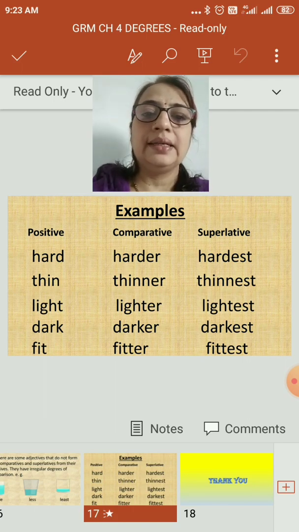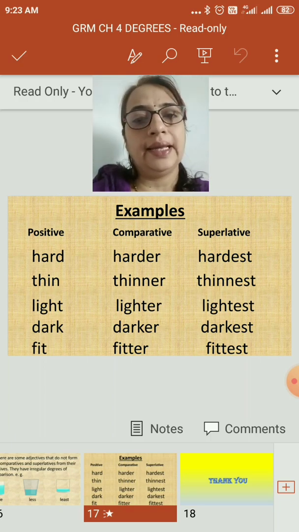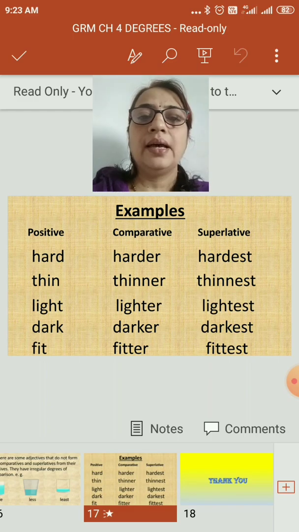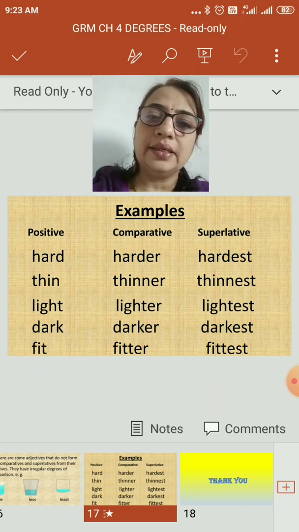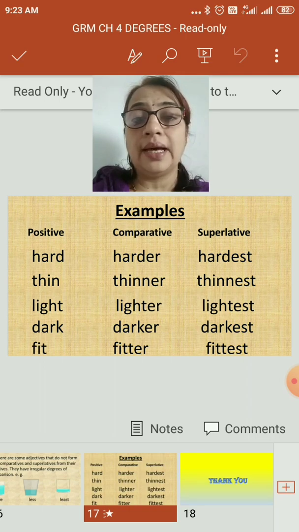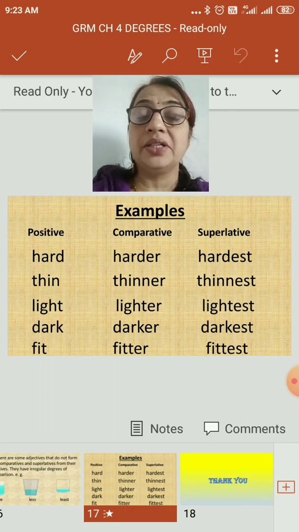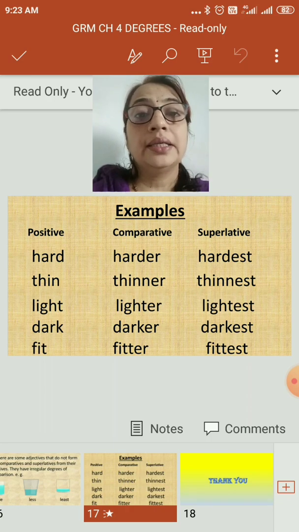Then light, lighter, lightest. L-I-G-H-T light, L-I-G-H-T-E-R lighter and L-I-G-H-T-E-S-T lightest. Why have we not doubled the ending consonant here? Now that you have to think. Okay, you study the rules and find out why the teacher has not doubled the letters here.